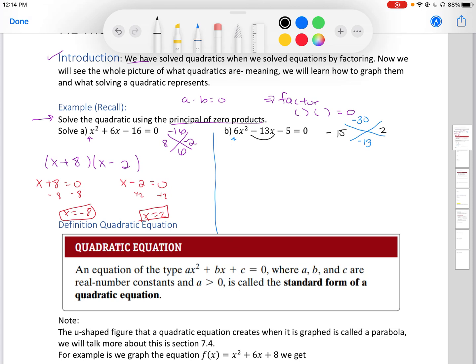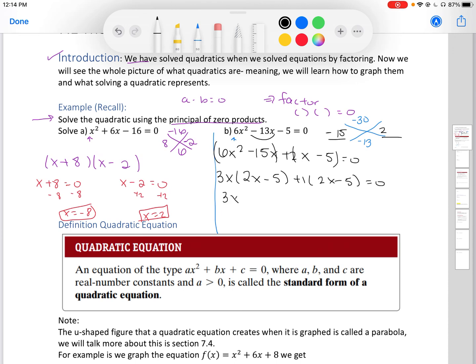So we replace our middle term with our two new terms. So we have 6x squared minus 15x plus 2x minus 5 equals 0. We can factor our first two and our last two. For our first two, you can factor out a 3x, so I'm left with 2x minus 5. And then you want to get the same thing in the parentheses. We're already there, so let's just use a placeholder of 1.